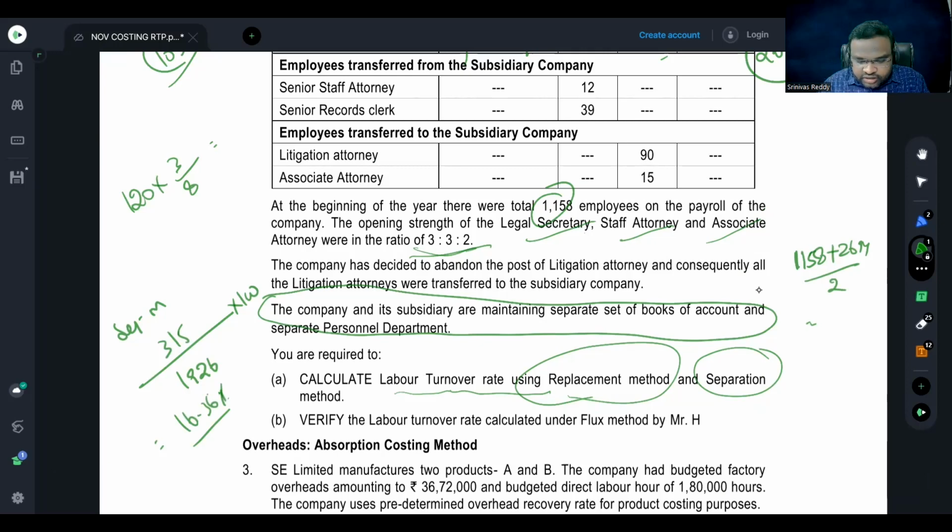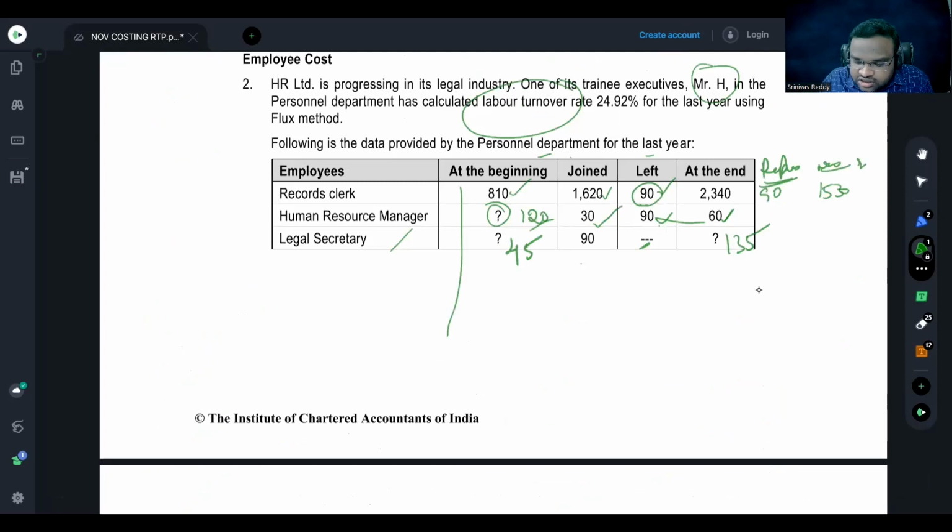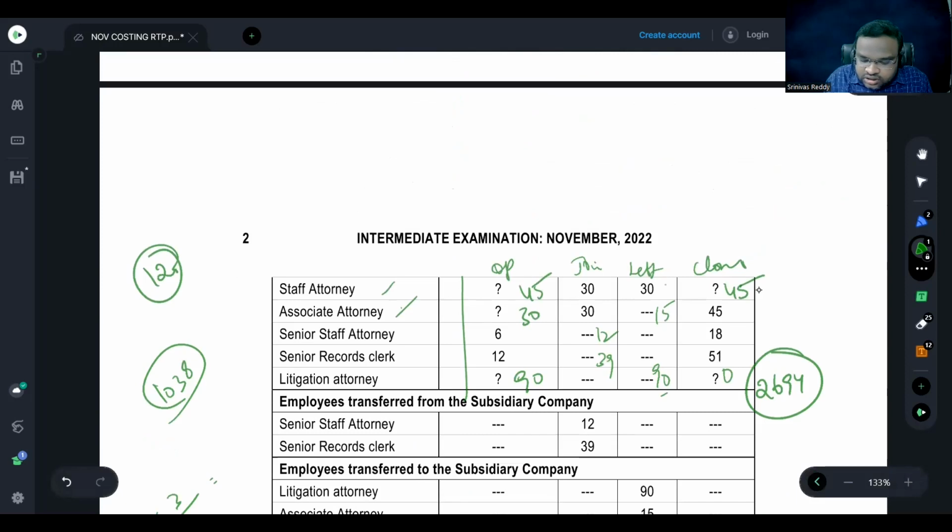Replacement: how many employees are replaced during the period? Here 90 got replaced. 90 left, only 30 joined. That means how many are replaced? Only 30 got replaced. Correct? Next case: nobody left, so joining, but no replacement. For 15 left, only 30 joined, which means only 15 got replaced.